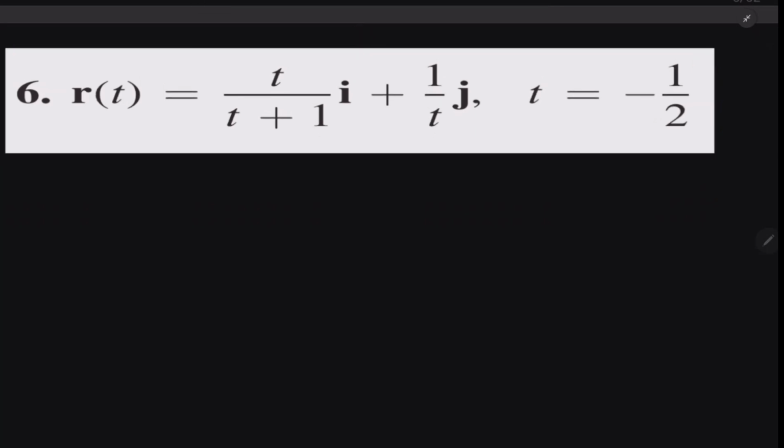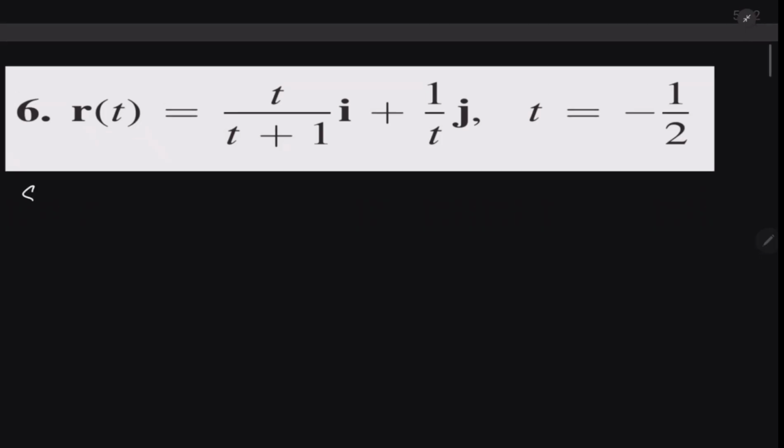Question number 6. Okay. The same is the case. First we identify this is x. So x is equal to t over t plus 1 and y is equal to 1 over t.